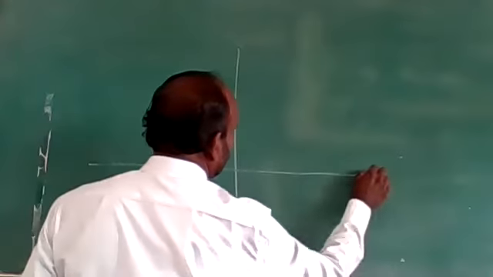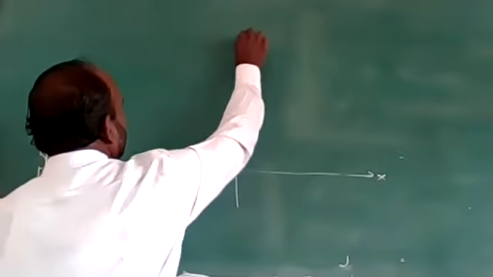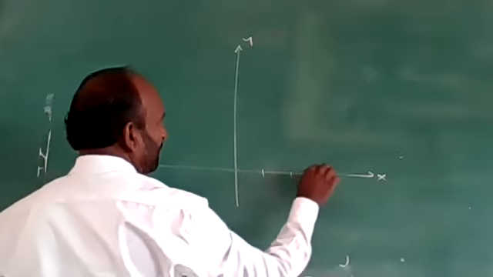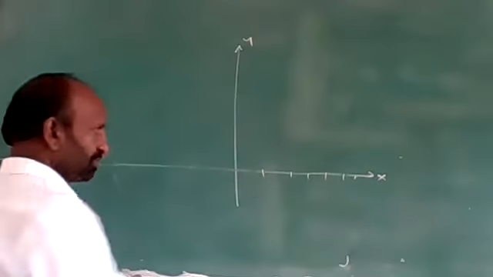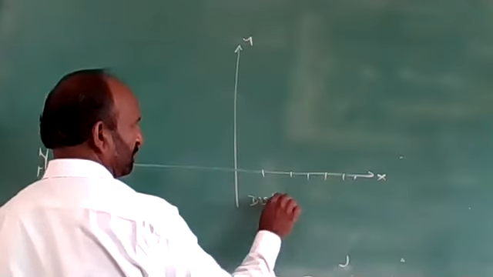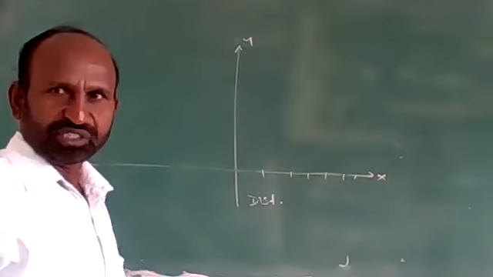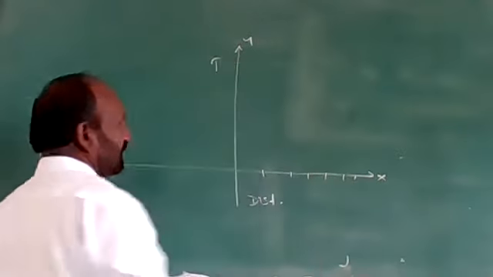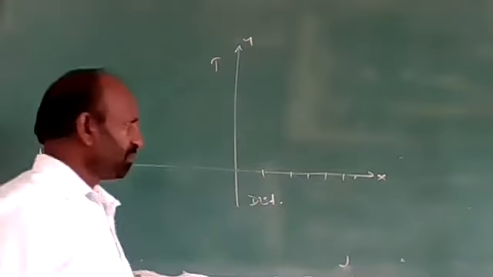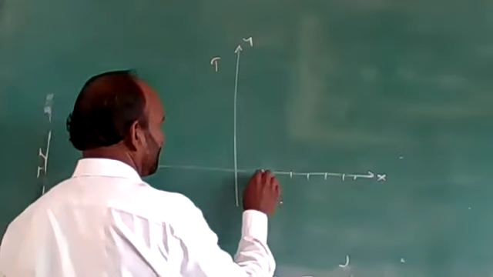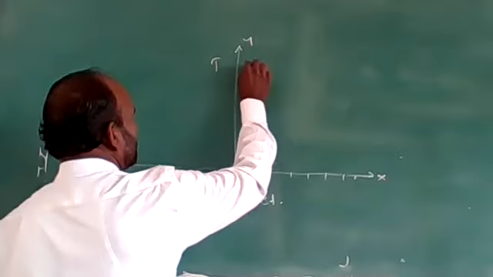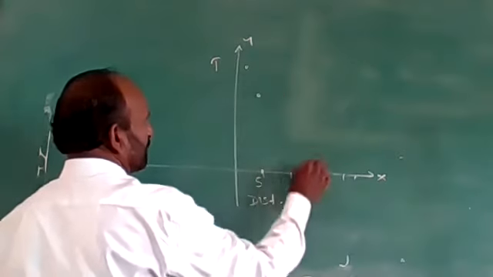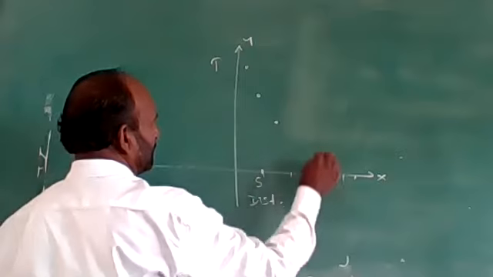This is the x-axis, this is the y-axis, and along this direction we have the distance of the point of suspension from the center of gravity, and this is the period. For this distance, say 5 centimeter, the time is here. For 10, it is here. For 15, it is here.